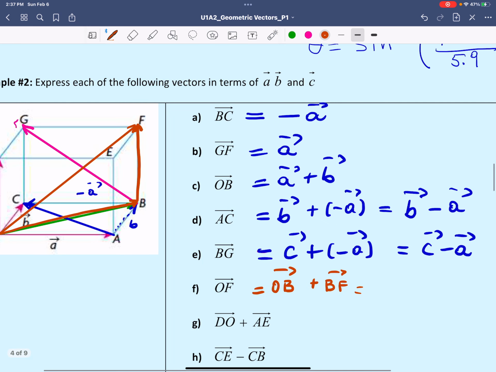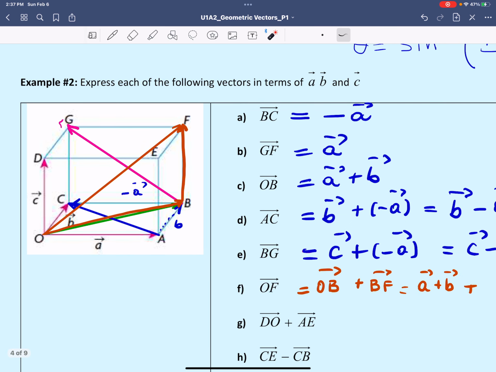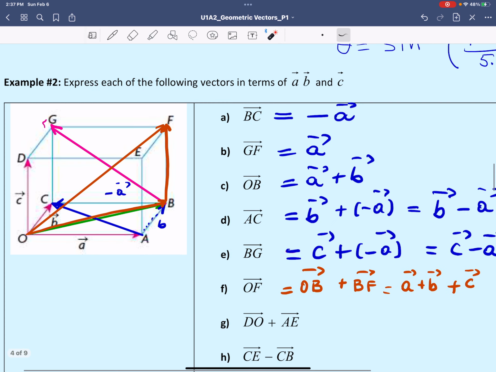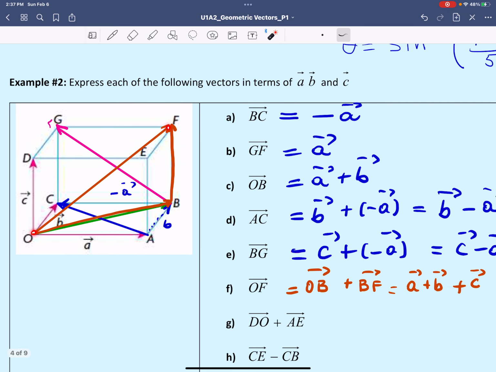OB was A plus B. And vector BF is equal to the height of this prism, so that equals vector C, and they're pointing in the same direction. So the vector that connects two opposite vertices in a rectangular base prism is equal to the sum of all three vectors that represent the width, length, and the height.